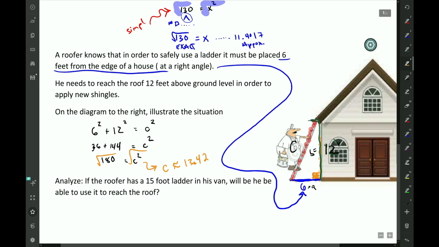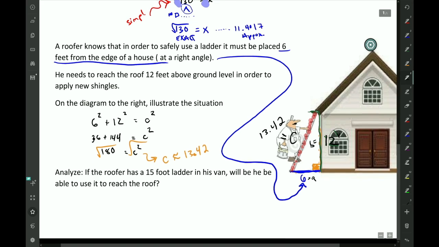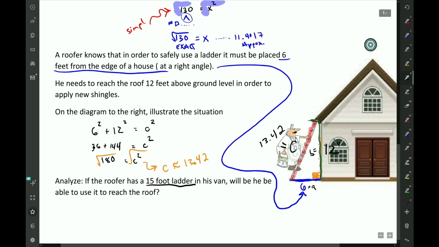13.42, okay? So we found that his ladder needs to reach 13.42, or that's the distance he needs to go. So a 15-foot ladder, if that's what he has, he needs to go 13.42 feet.